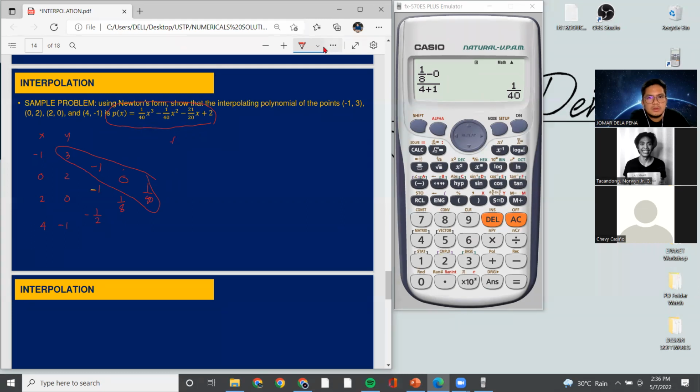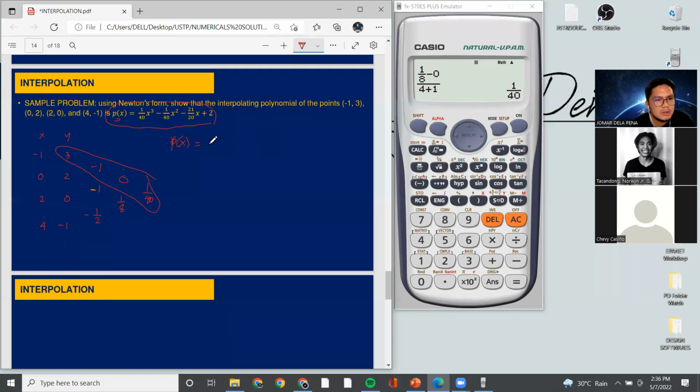Equation, no? P of x diretso. Kaya mamaya ang gipangita sa problem, i-prove na to kung mabagyo niya equation. Ay kani nga mga data points is points bagyod ani nga equation. Okay.